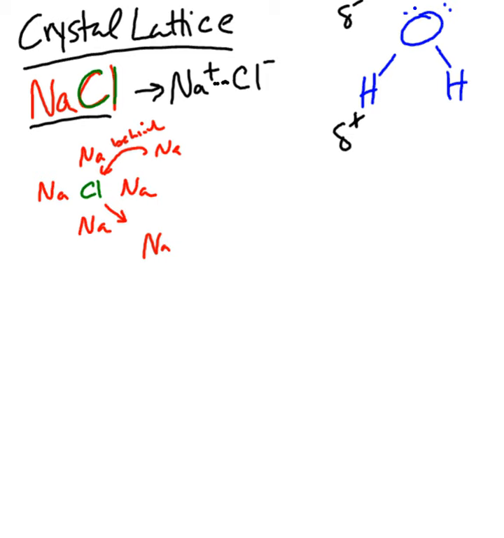So that chloride is surrounded by all positives. This negative chloride is surrounded by 6 sodium ions, and then each one of these sodium ions is also surrounded by chlorides. And they're just repeating over and over and over.